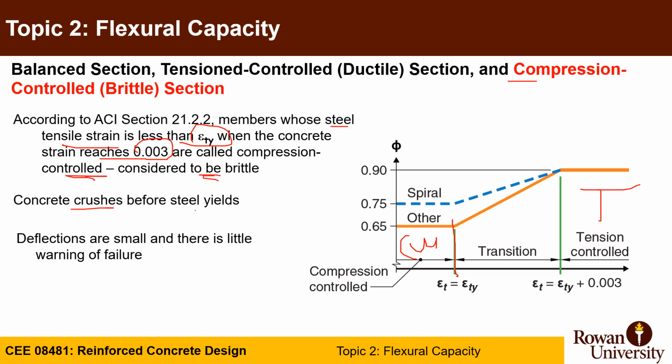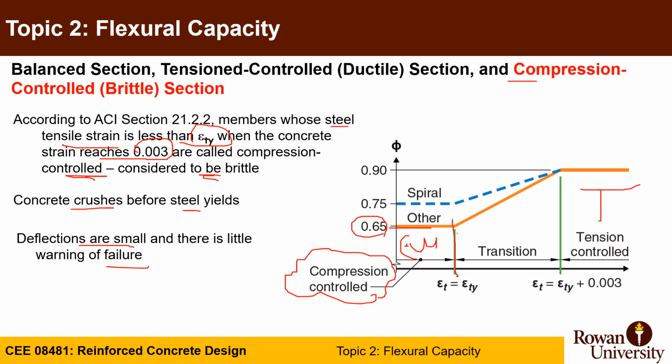Concrete crushes before steel yields in this zone, and your phi value will be 0.65. Deflections are very small, there are no warning signs. Actually, the code is not allowing you to design any flexure member, beams or slab, under compression control.